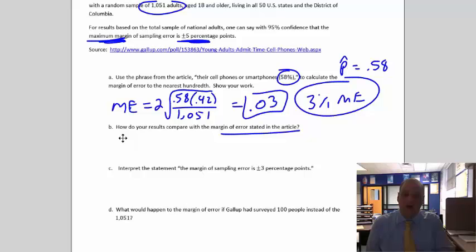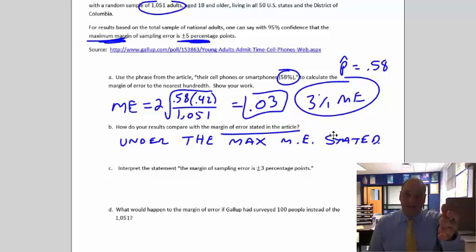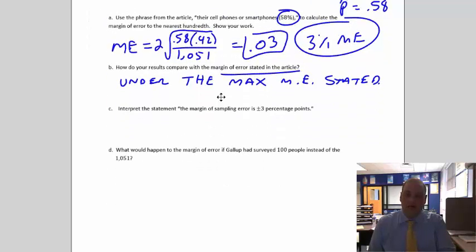So this is under the max margin of error stated. So it is consistent because it says max. It doesn't say it had to be 5. It says max 5. So it is under that.